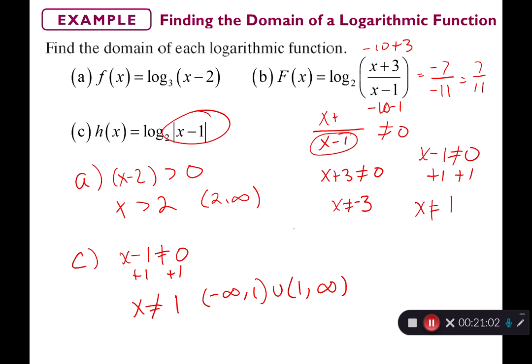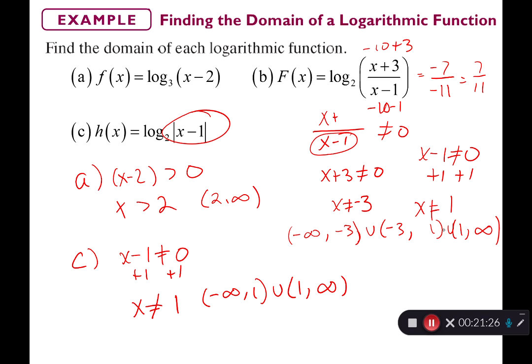So the way we would write this in interval notation would be negative infinity up to negative 3, in union with negative 3 up to negative 1, not negative 1, but 1, in union with 1 to infinity.